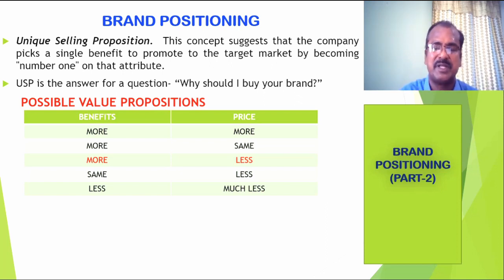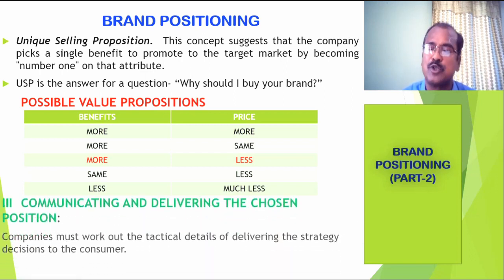Now instead of 5 features, our brand has got only 3 features based on your priority. So instead of charging $10 per unit of the product, now we have brought it down to $7, or from 10 rupees it has come down to 7 rupees. So try to convince in that way. So, less for much less. Which value proposition is suitable for your brand has to be chosen, and positioning developed.